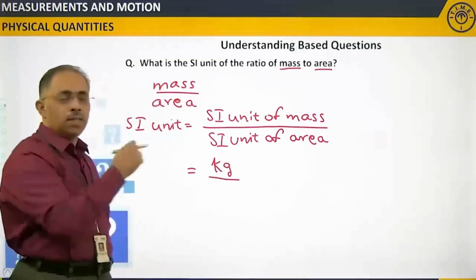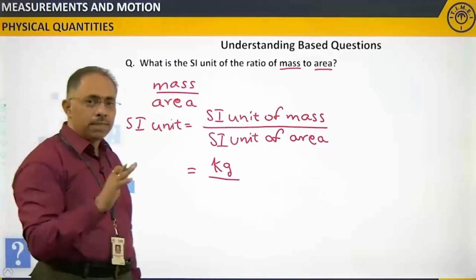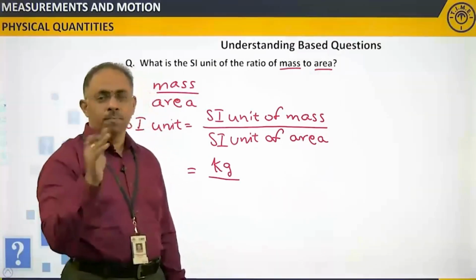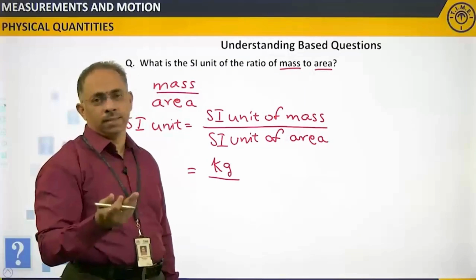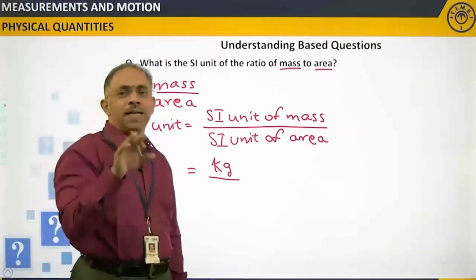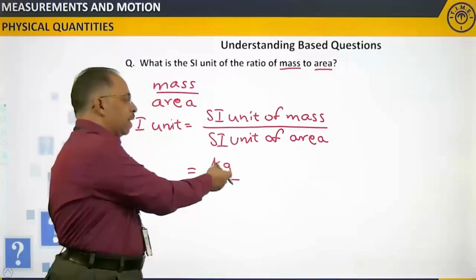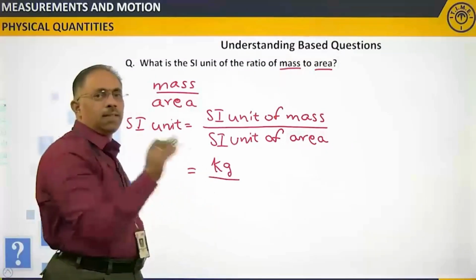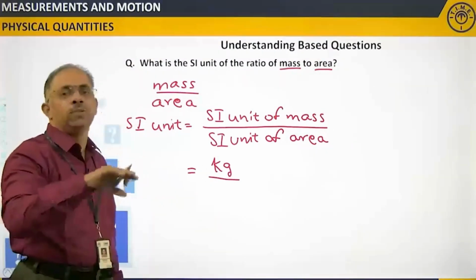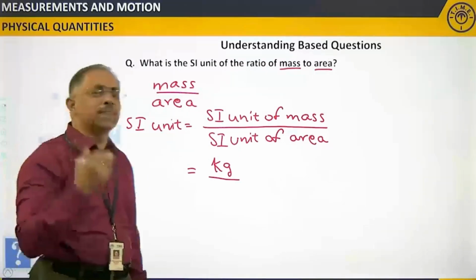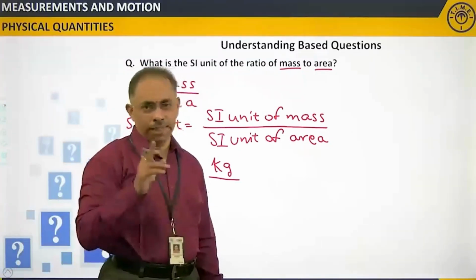Okay. And SI unit of area? Area is what? Length into breadth, right? So, basically, breadth is also a length. So, I can express area as length into length. So, now I will get the unit of area as unit of length into unit of length. What is the SI unit of length? Yes, it's meter.